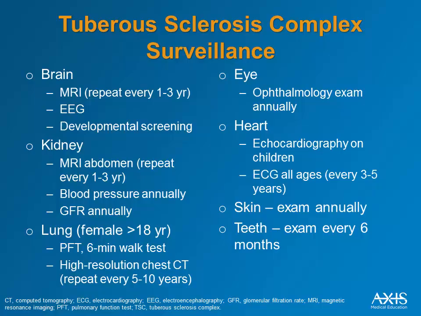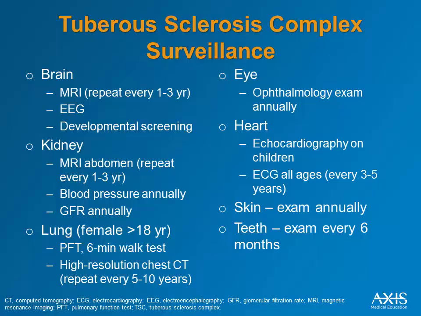We mentioned the pulmonary manifestations, and this is mainly true in adult females with tuberous sclerosis complex, doing baseline pulmonary function and walk test, and then high-resolution chest CT, and repeating that every 5 to 10 years, depending on symptoms and also depending on previous findings. An annual ophthalmologic assessment.